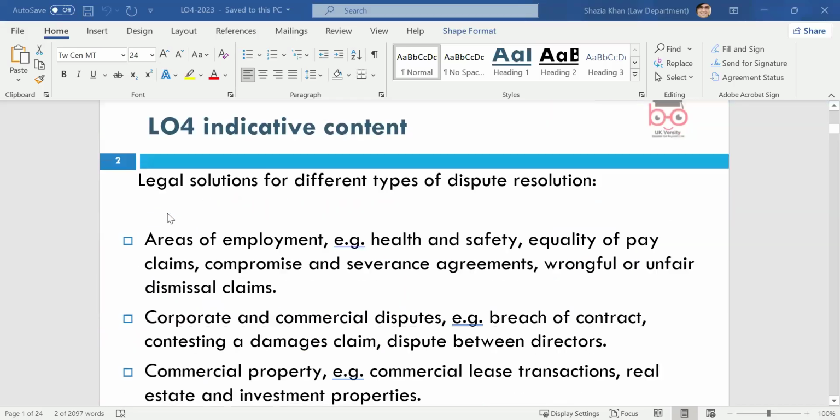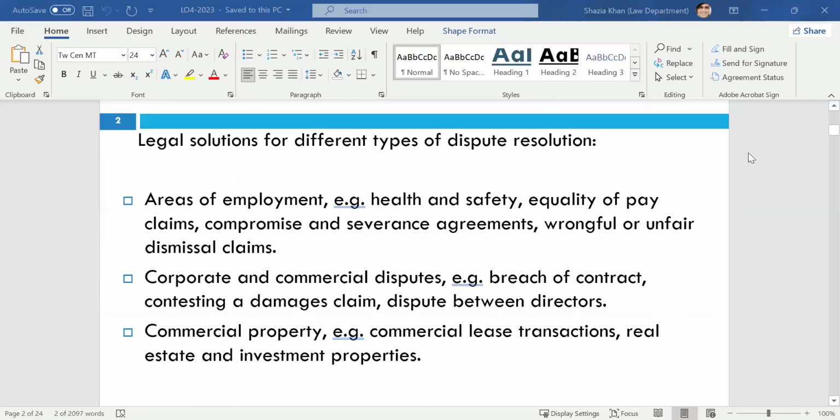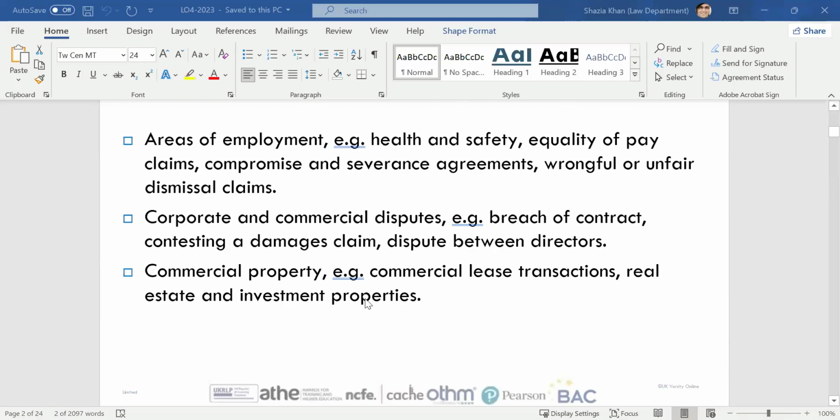And we'll be looking at legal solutions, so things like, for employment law, we look at elements of health and safety, equality pay, severance pay, wrongful dismissal, commercial disputes, breach of contract, contesting a damage, looking at the element of commercial leases, why they're so important for an organisation, and looking at the disputes between directors and also contesting damages claims as well. So we'll be looking at elements of that.